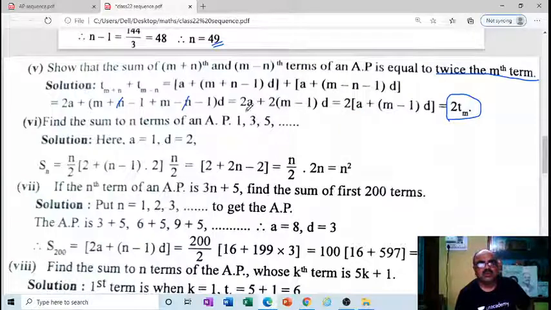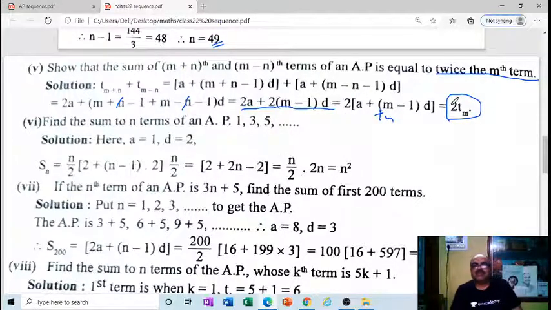Take that 2 out. It becomes 2a plus 2 into m minus 1 into d. So 2 into a plus m minus 1 into d is Tm. So 2 into Tm is 2Tm. This is what they wanted also.